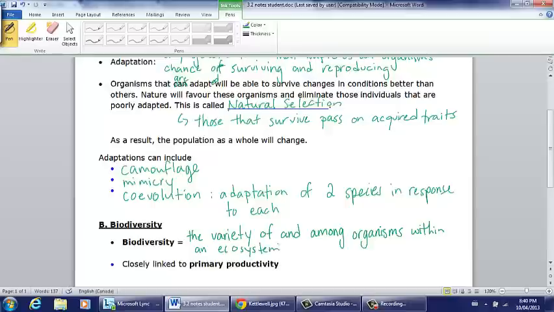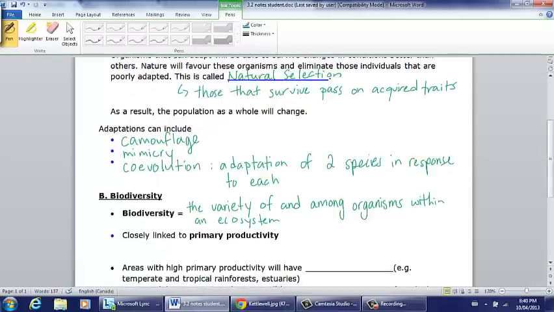And biodiversity is closely linked to primary productivity. Primary productivity is a measure of the available energy that is provided by the producers.